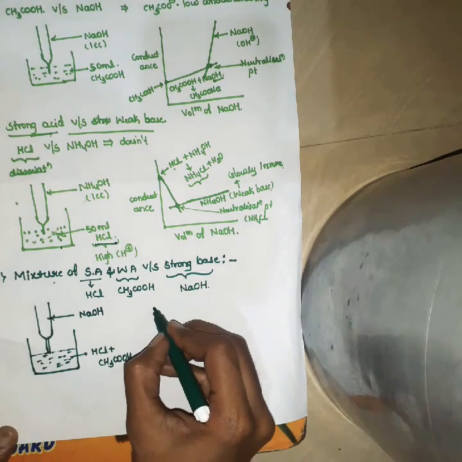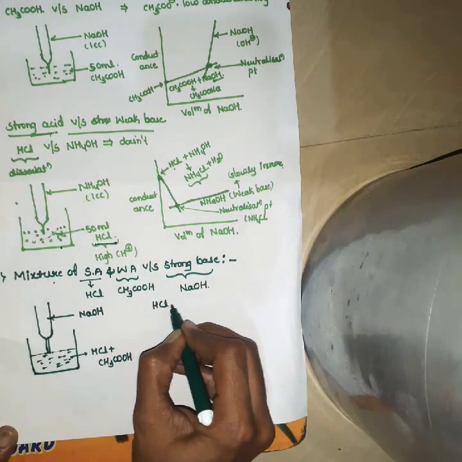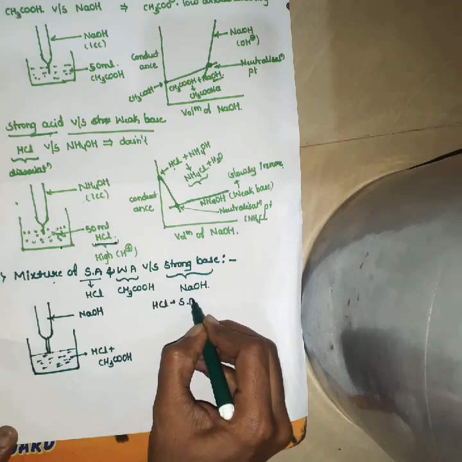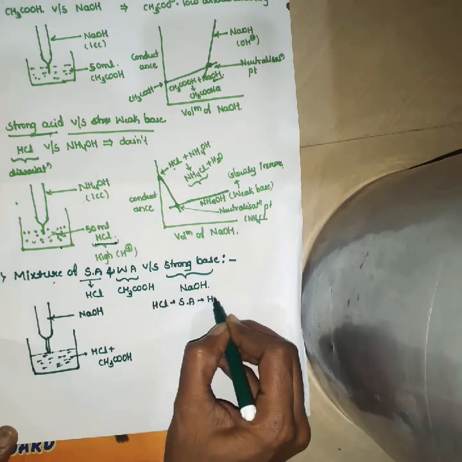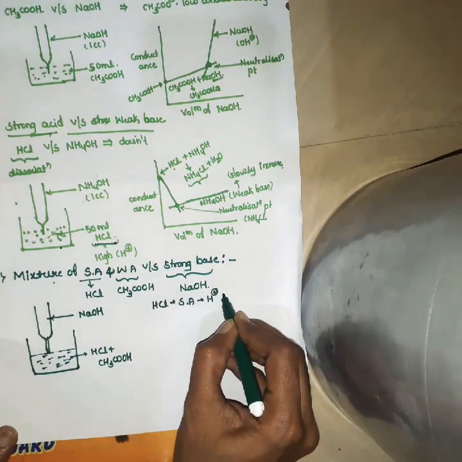What happens? We already know HCl is a strong acid and H plus has greater conductance.